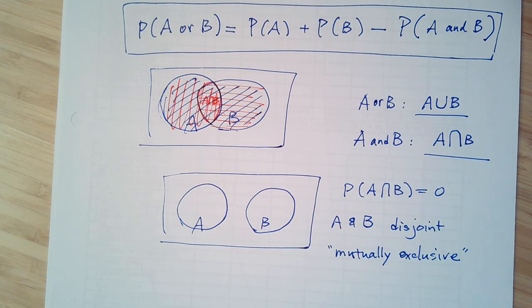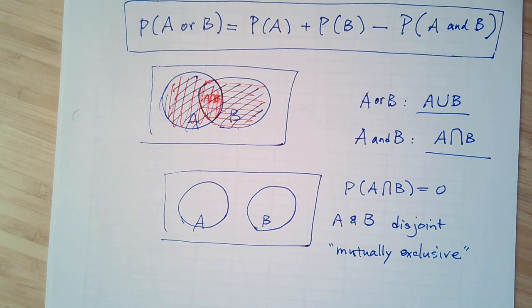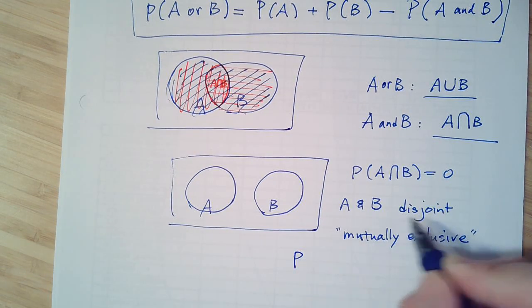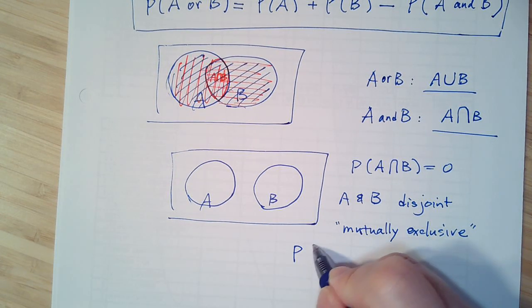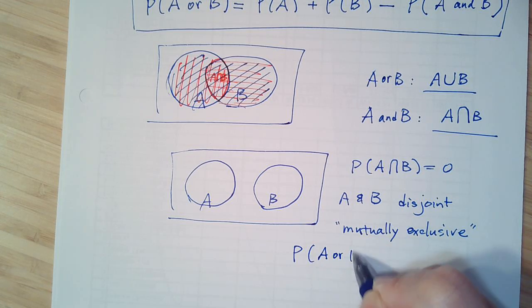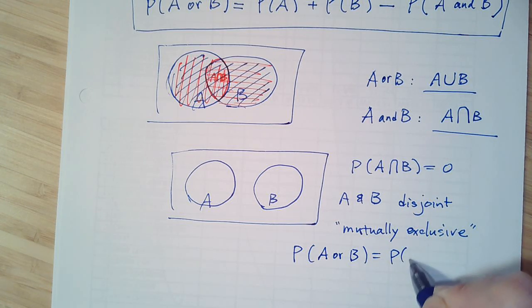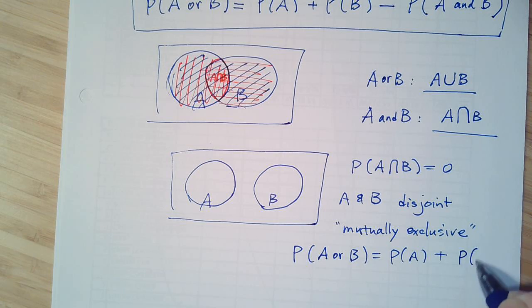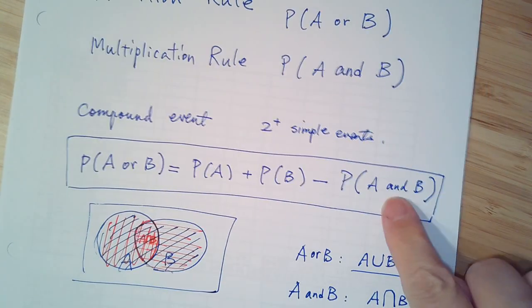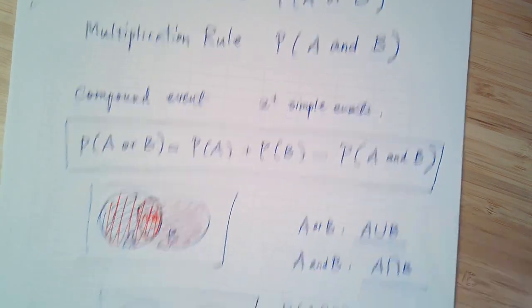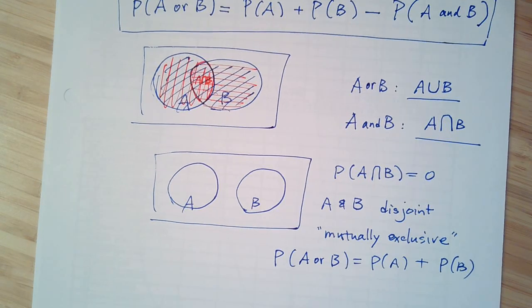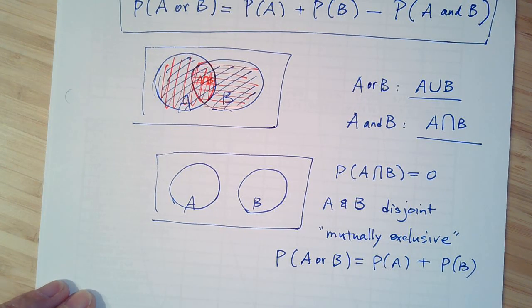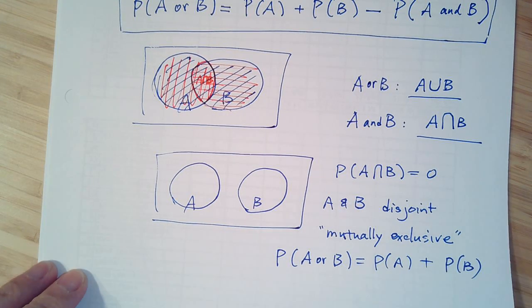That means there's no "and" part. If events A and B are mutually exclusive, then P(A or B) will be just P(A) plus P(B), because the "and" part, or the mutual part, is nothing. There's no overlapping. So this is the addition rule for disjoint events.